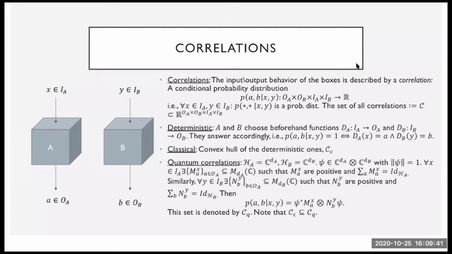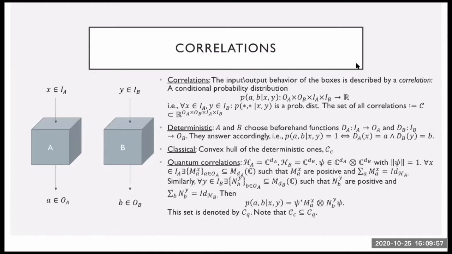The first collection of correlations that we talked about were the deterministic ones. So what is a deterministic correlation? For any input, each box chooses an automatic output.